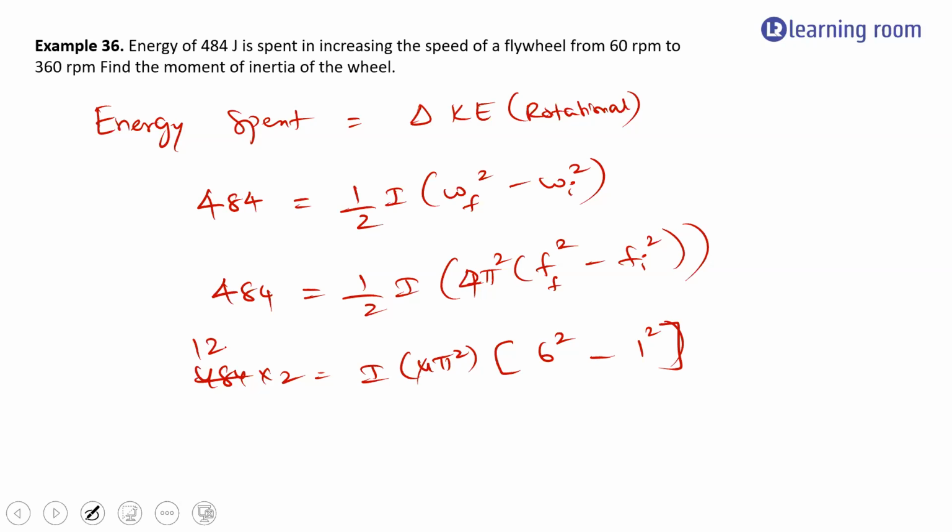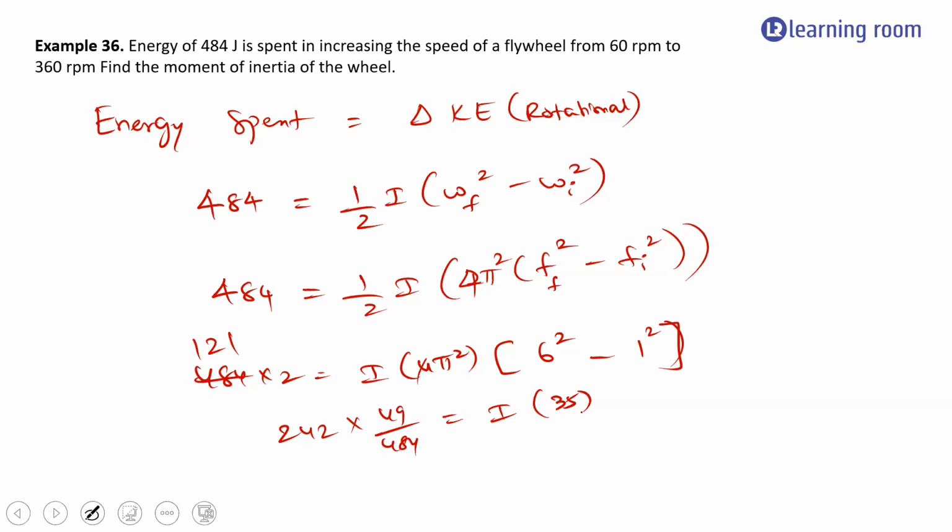So 242 into 49 divided by 484 is equal to I into 6 square minus 1 square, which is 35.